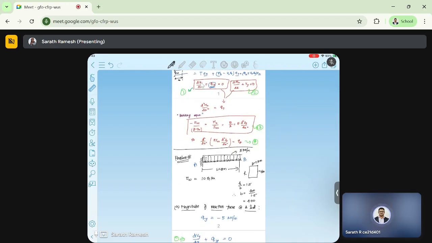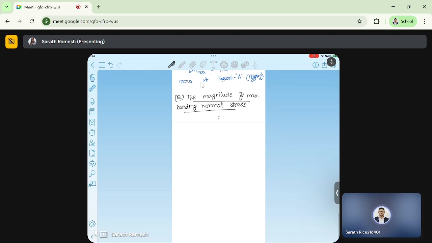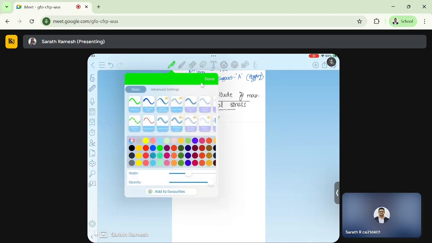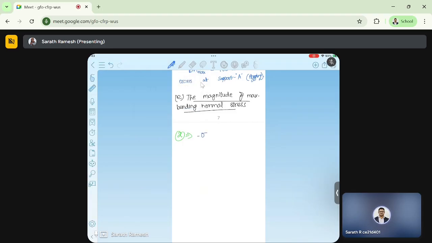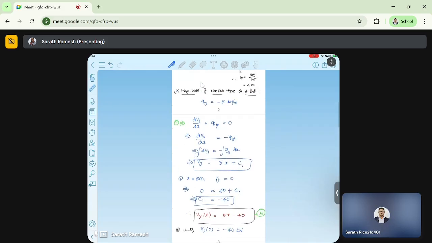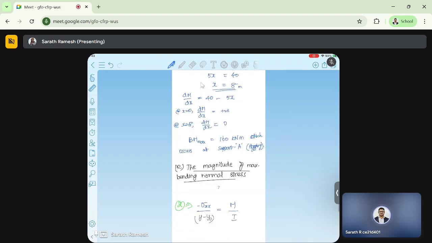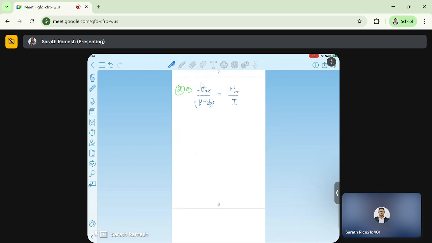So minus sigma xx by y minus y naught equal to, I'll take the first two terms since we have the bending moment. So minus sigma xx by y minus y naught is equal to Mz by Izz, equation number 3.